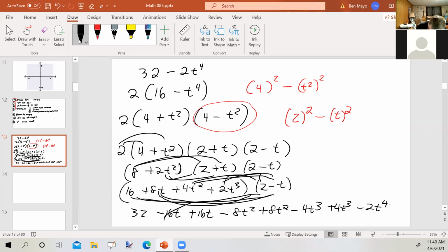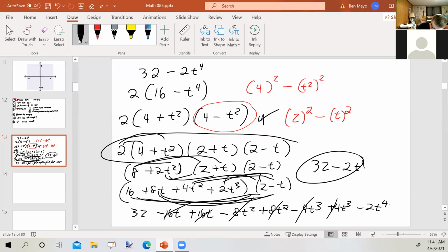Let's see, those cancel and those cancel and those cancel, and I've got 32 minus 2t to the fourth, so it checks. Now, oh, that's not the final answer. This was the final answer, wasn't it? Yeah.